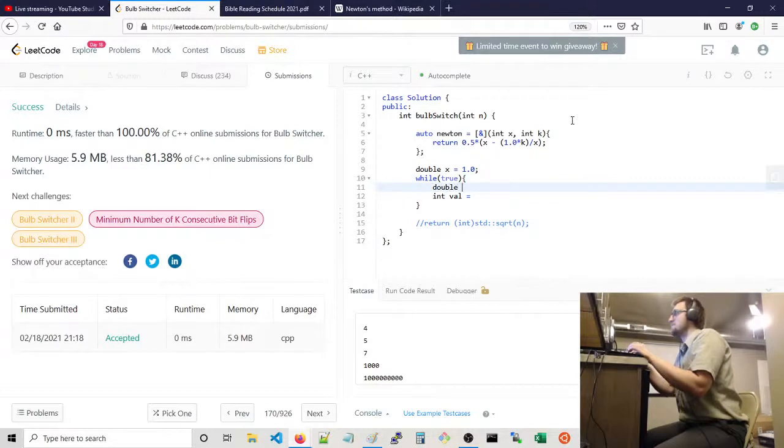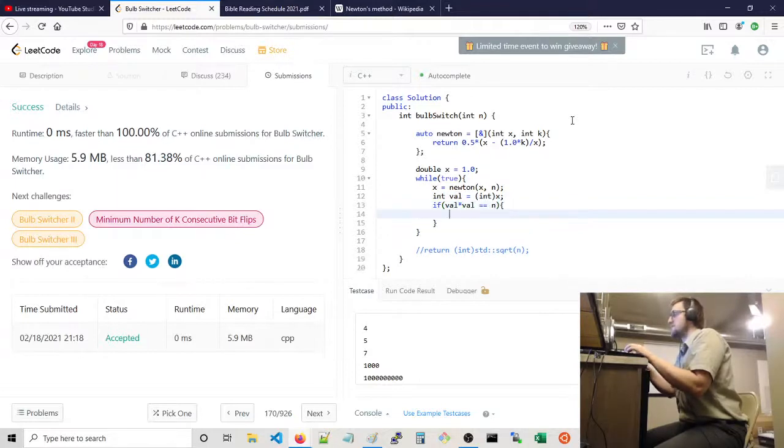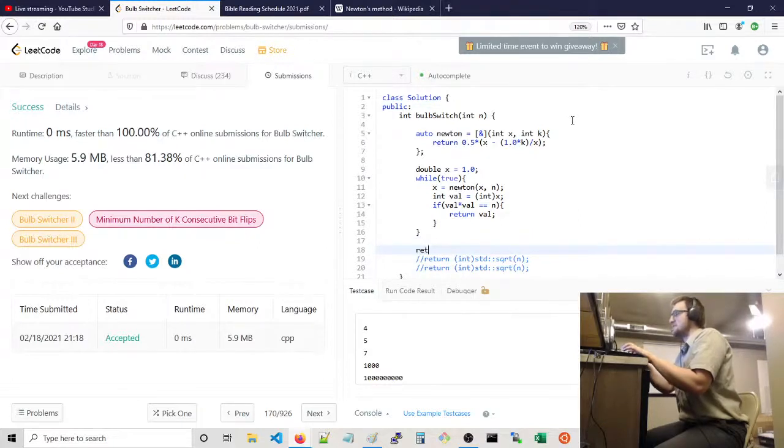Let's say x equals Newton of x into n. And we'll say val, this could be int of x. If val times val equals n, return val. Else, return int of standard square root of n. Let's just return -1 for now, just to see if this works.